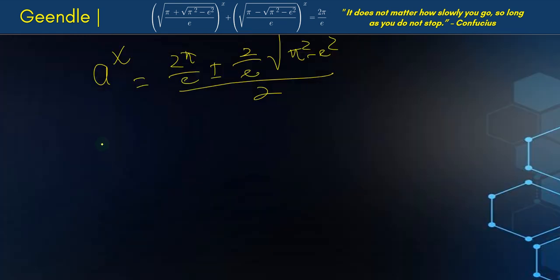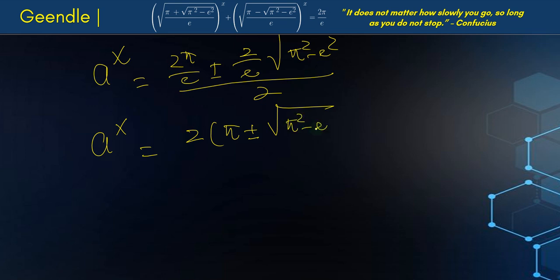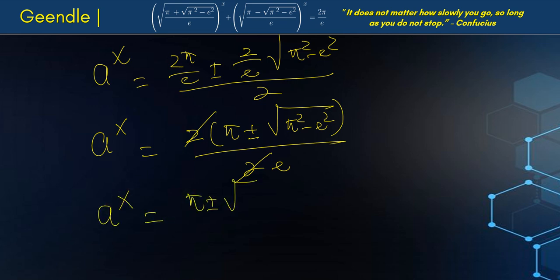So a to the x equals, this e will come here because of the common denominator. We're going to have 2 times pi plus or minus the square root of pi squared minus e squared, all over 2e. And then we cancel the 2, and a to the x is equal to pi plus or minus the square root of pi squared minus e squared over e.